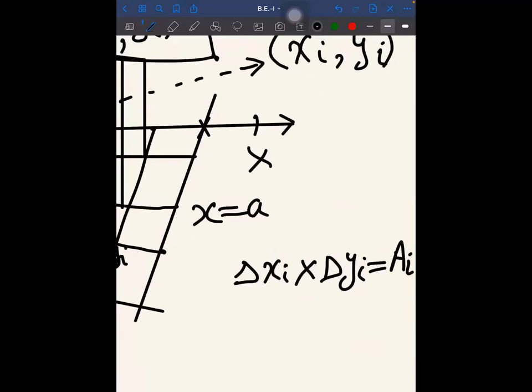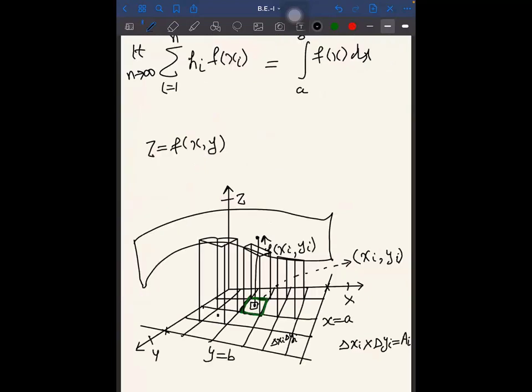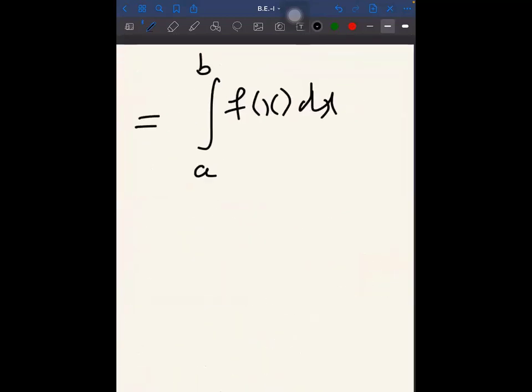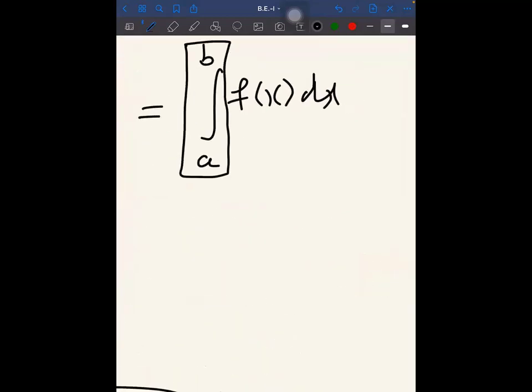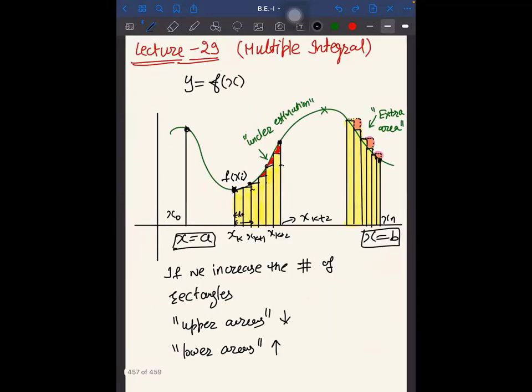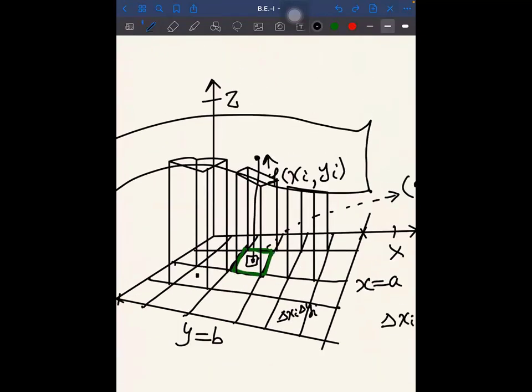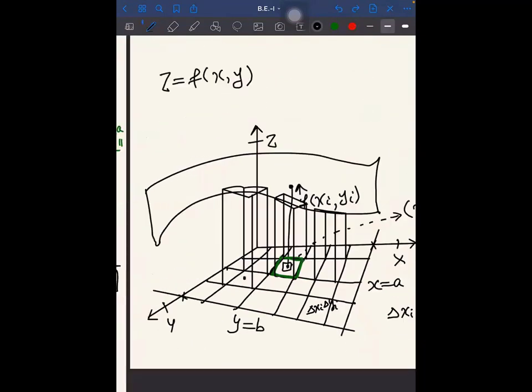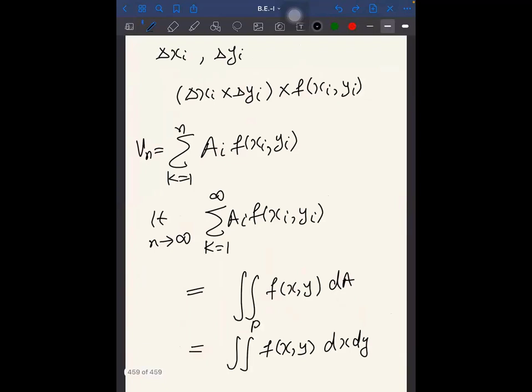In practice, most of the time we'll be using dx dy. Now you see that in one integral we are integrating over an interval, because we have only one dimension, so that's why we are moving from a to b. But here we have a complete 2D region, so we'll say over some region R. That R will keep on changing from problem to problem, and I'll discuss how it works. Okay?